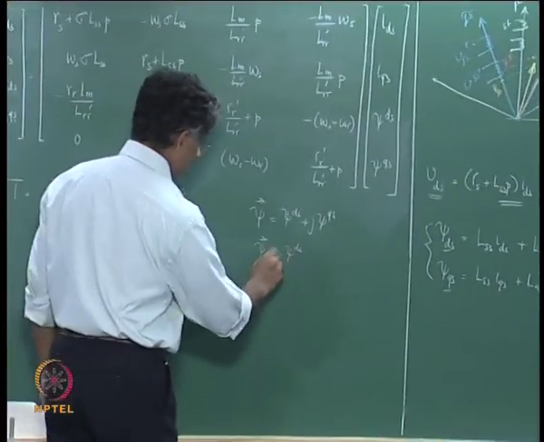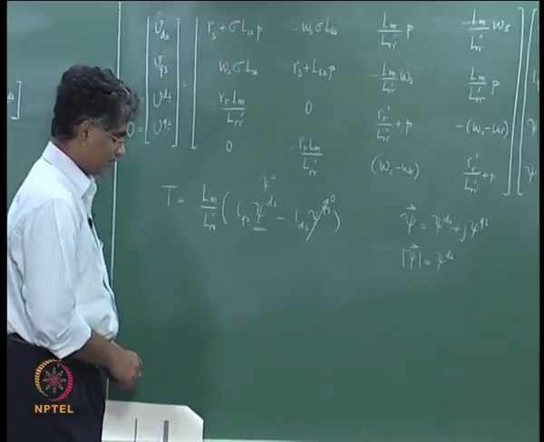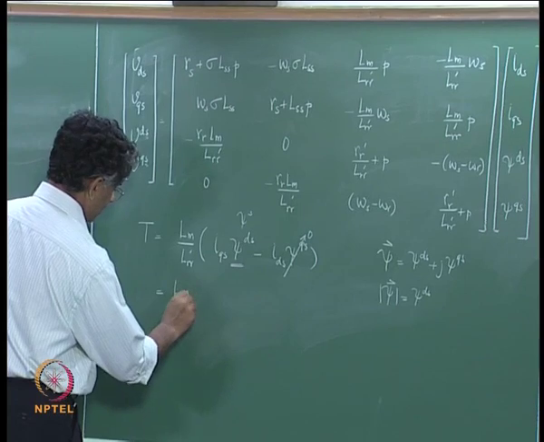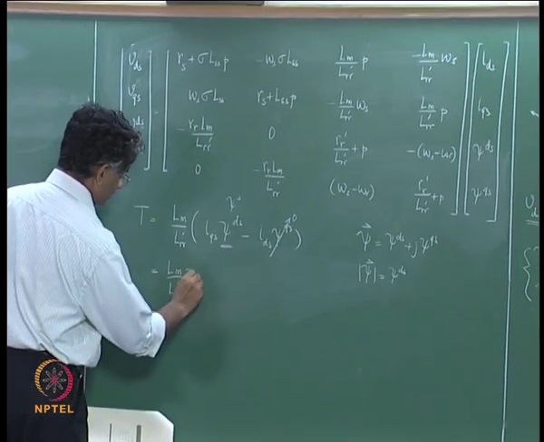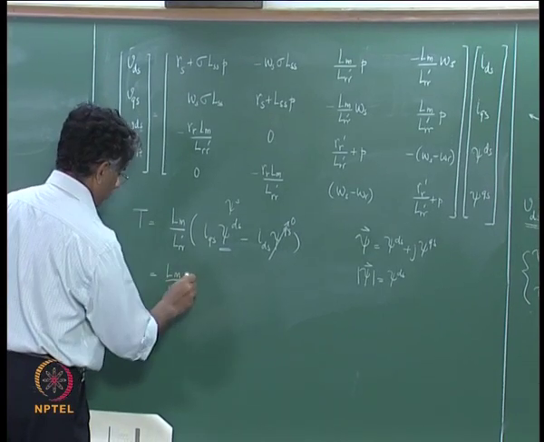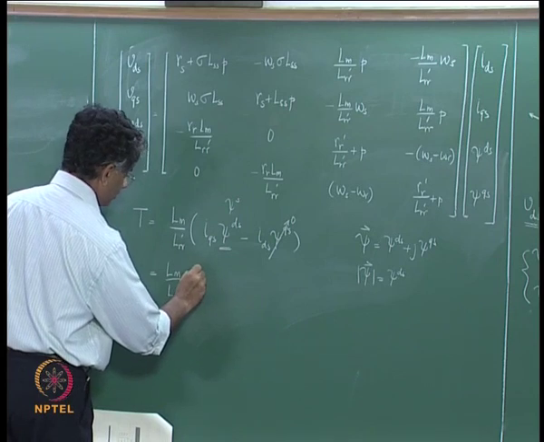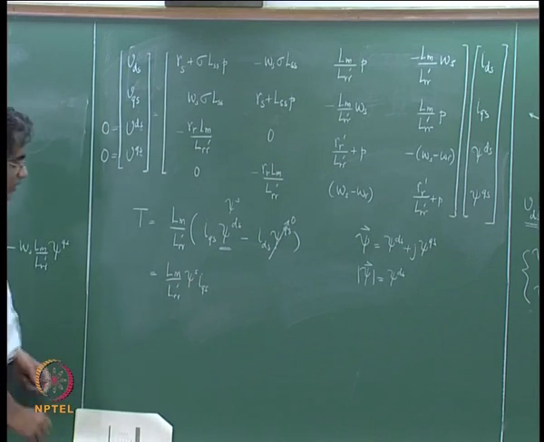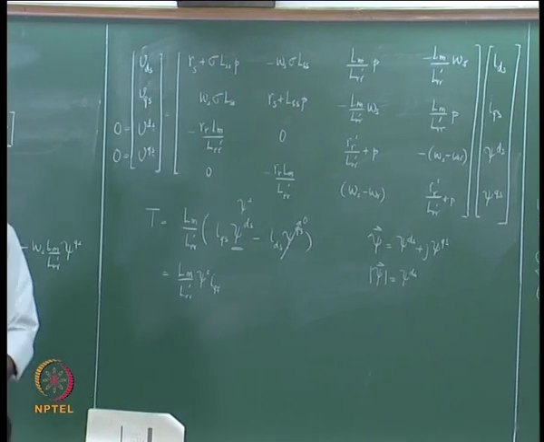So psi ds is then equal to the magnitude of the psi phasor itself, which means that now torque is nothing but Lm by Lrr dash into psi, let me call it psi s, into IQS. How is this interesting?